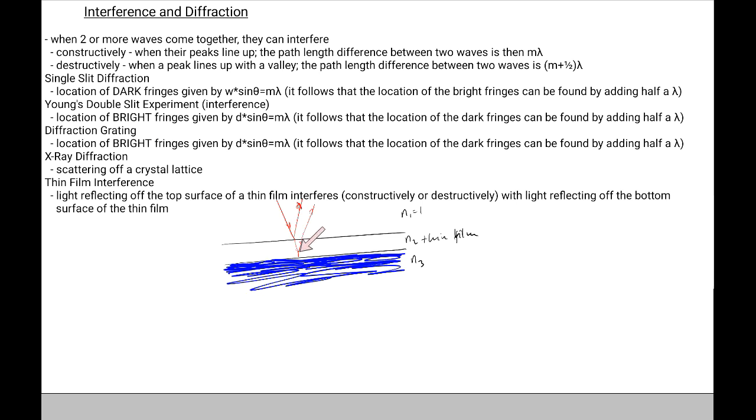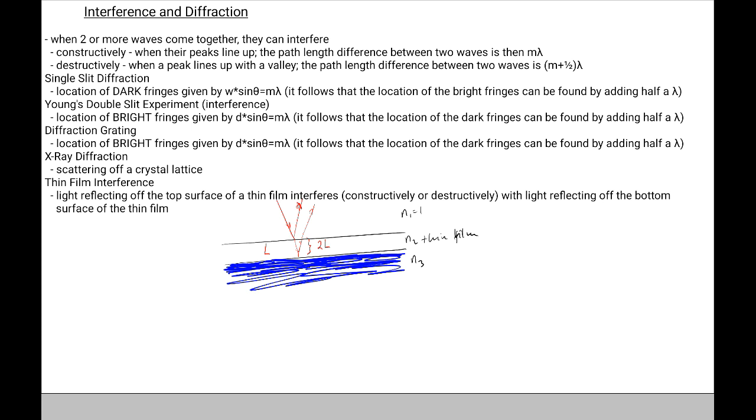This beam travels twice the lattice spacing less than that beam, and we can call this L. So the path that the second beam takes is 2 times L. The first beam travels 2L less than the second beam that I drew here, the beam that reflects off the bottom of the surface.